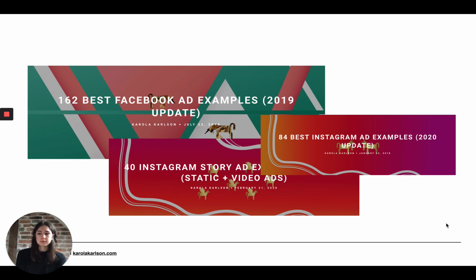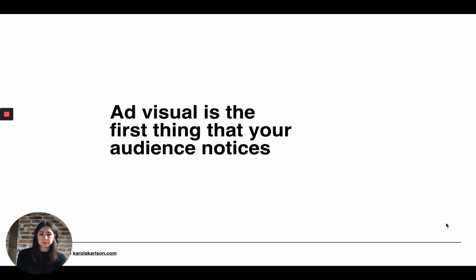Alright, let's get right to it and find out how important it is to have good ad creatives in your Facebook and Instagram campaigns. So, as people scroll in their Facebook and Instagram feeds, your ad's image is the first thing they will notice. This is what will catch their attention, or fail to catch their attention.